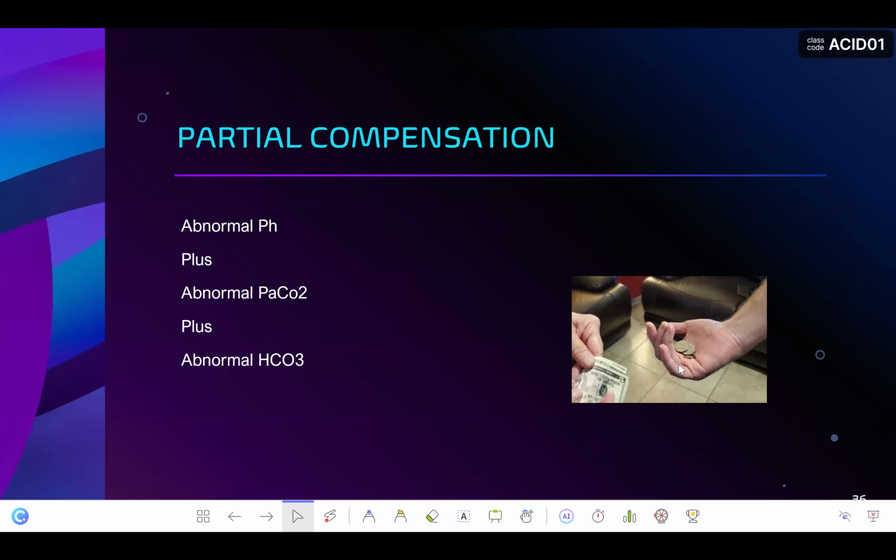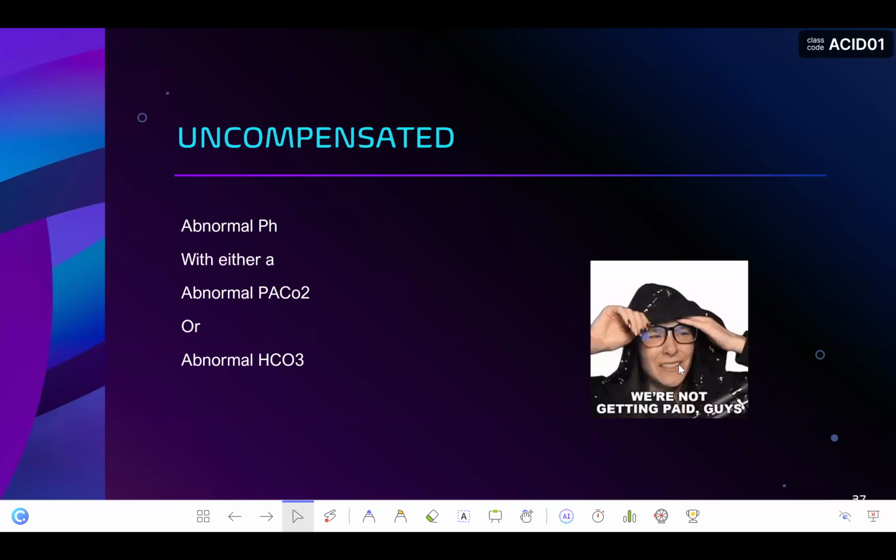So we have partial compensation. In uncompensated, we have an abnormal pH, and you're either going to have an abnormal PaCO2 or an abnormal HCO3. So one is going to be normal, one is going to be abnormal, coupled with an abnormal pH, and that gets you uncompensated.